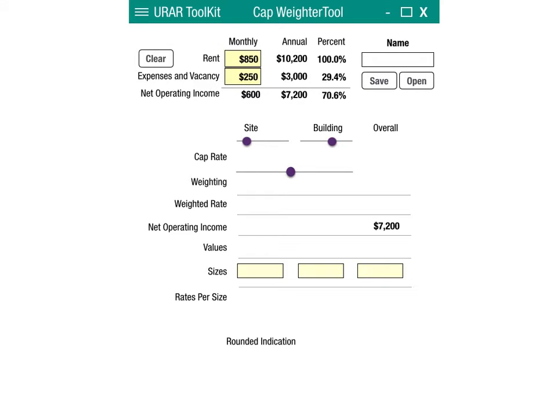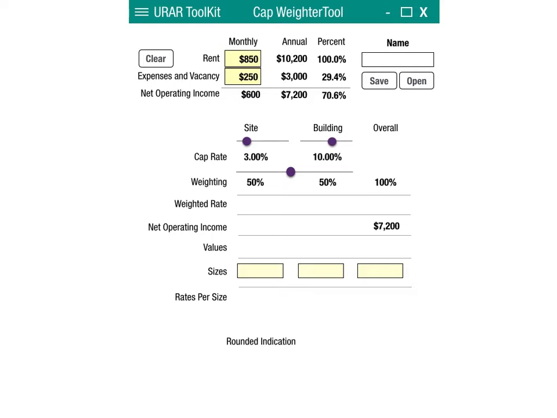So once we have that, let's assume that the site is getting a 3% cap rate and the building's getting a 10% rate, and we've weighted each component equally at 50%, so we've got 100% overall. To calculate the weighted rate, it's simply the cap rate times the weighting.